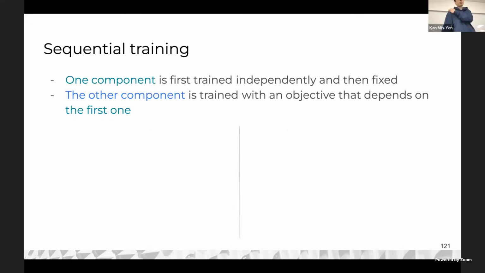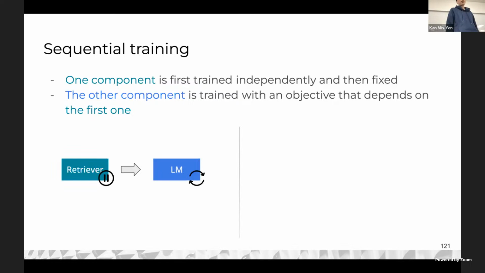How about sequential training? What does this mean? Sequential is essentially saying we have two components, and the first component is first trained independently and then fixed. Then the second component is trained with an objective that depends on the first one. For example, we can have a pre-trained retriever, freeze its parameters, and then train the LM to depend on the retriever.